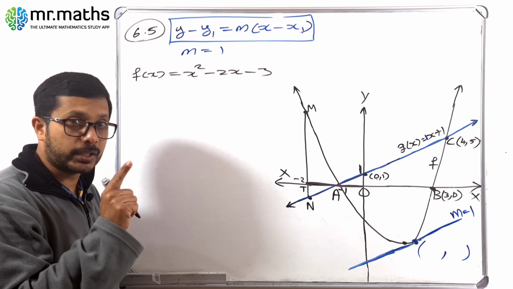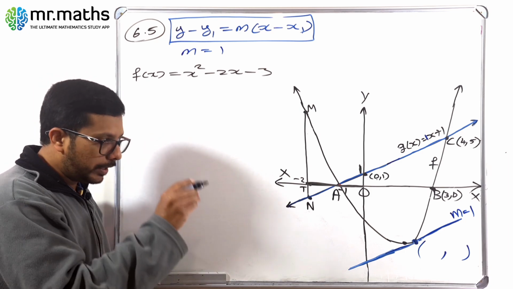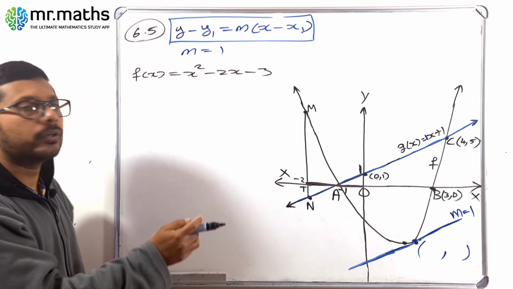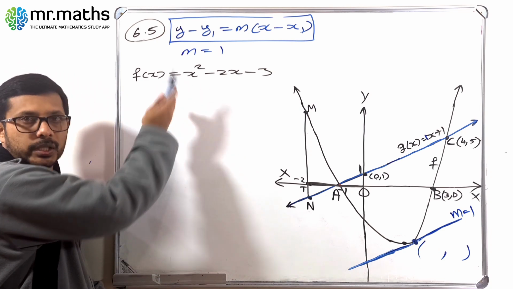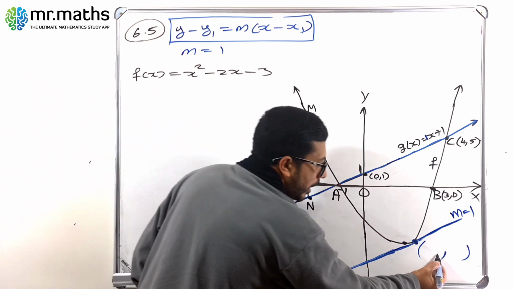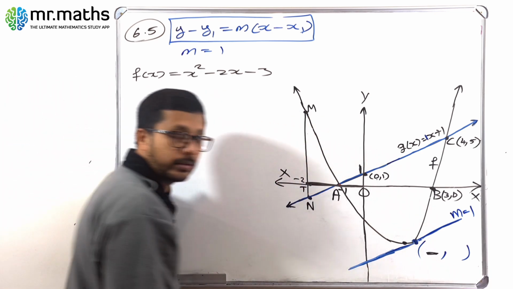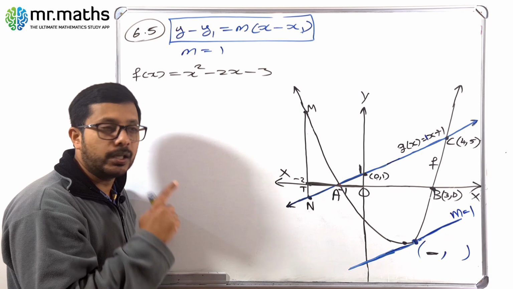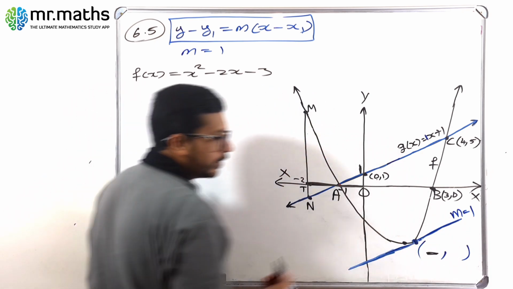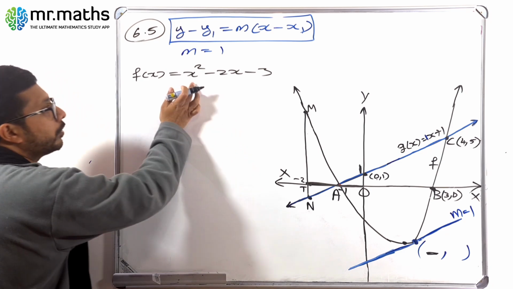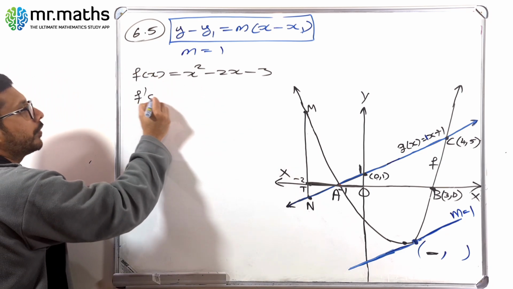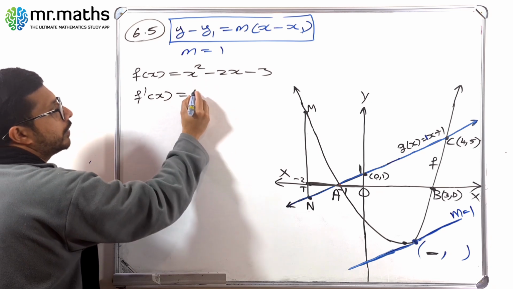You have to understand like this. To find the gradient of a tangent passing through a point, first you have to find the derivative of this equation. Then you are supposed to substitute the x value of that point. So we find f dash of x.